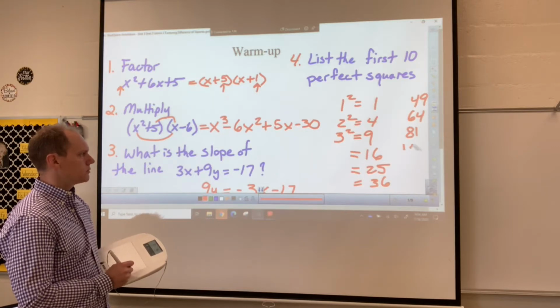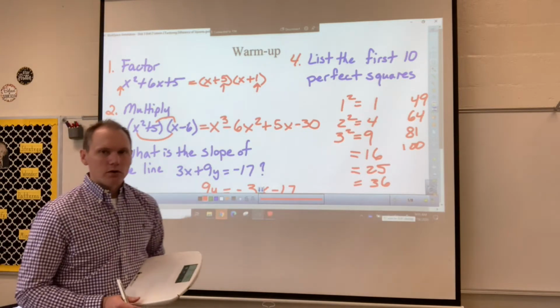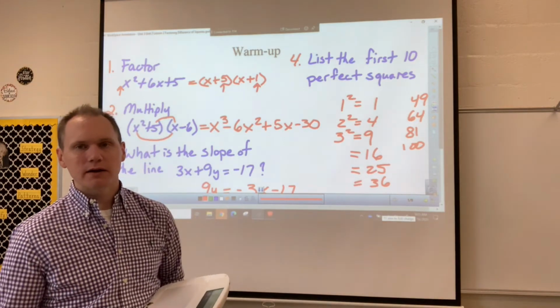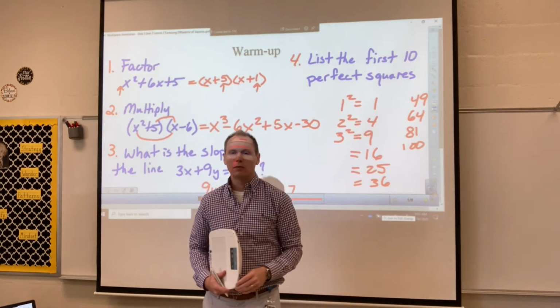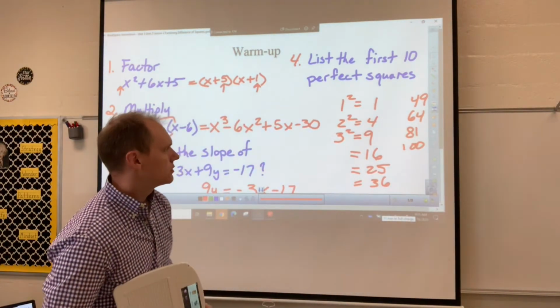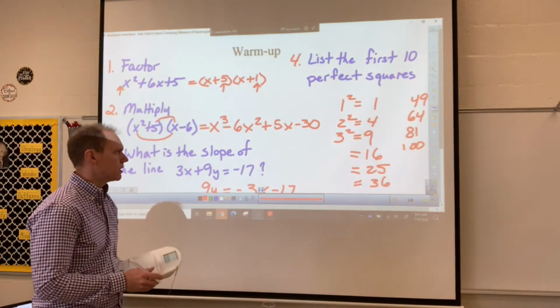And 10 squared is 100. So just having those in the back of our mind and knowing that these are special in some way is going to help us today. So keep those numbers in mind as we go throughout today.